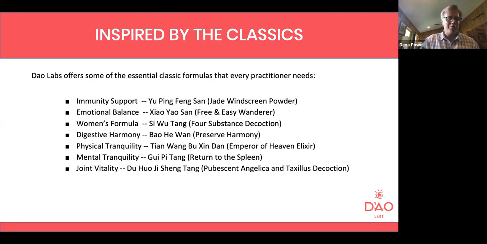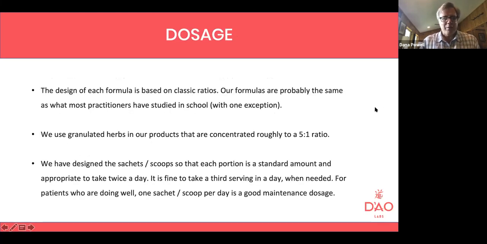So let's get to the dosage question. Each of these formulas is based on classic ratios. These are the formulas you've encountered in your textbooks as you learned about them, with one exception, which I'll get to later in this webinar. So these are the formulas you probably know very well.